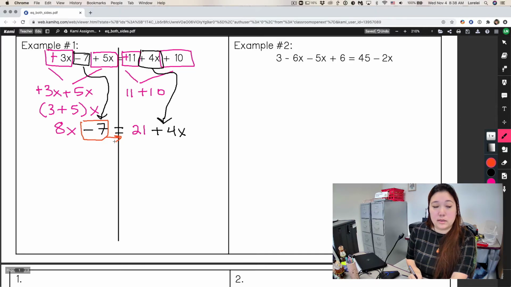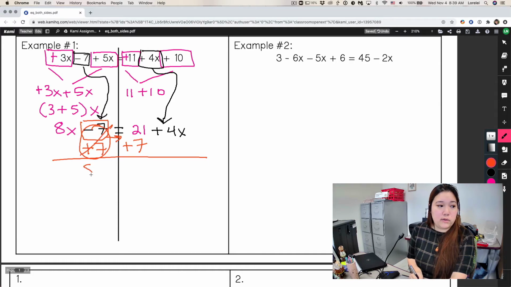This is a minus 7, so the opposite inverse operation is to add 7, which means I'll add 7 over here too. This becomes 0, goes away, so we have 8x equals 21 plus 7 is 28 plus 4x, which we bring back down, we didn't do anything with.